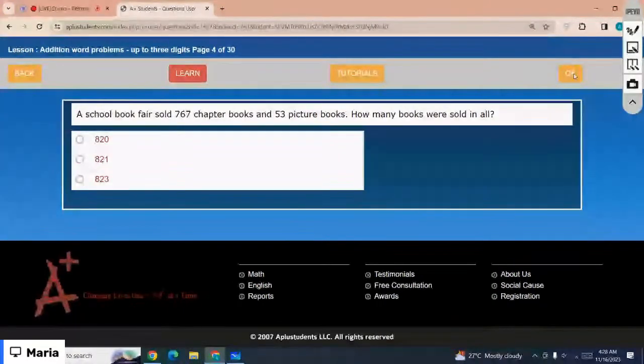Okay, a school book fair sold 767 chapter books and 53 picture books. How many books were sold in all? So which is the correct option?